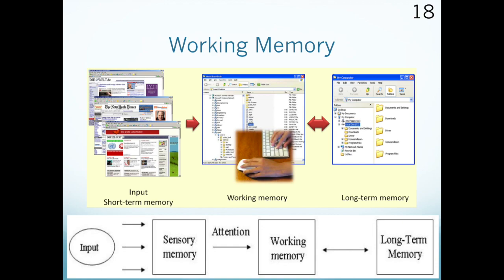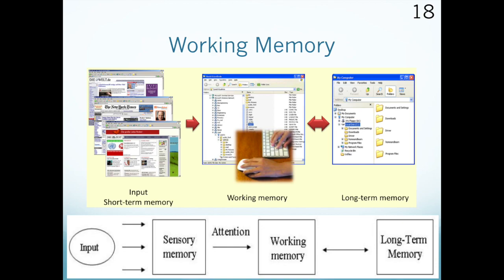If you look at slide 18, the analogy is between visually browsing websites, that is the short-term sensory memory. The working memory is when you are classifying files and folders and trying to browse through the folders.